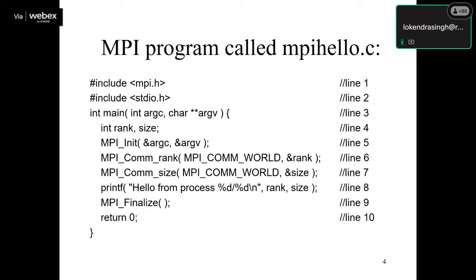So these are the simple programs. I already told you MPI stands for message passing interface, which is a way to exchange messages between multiple computers that are running parallel programs.